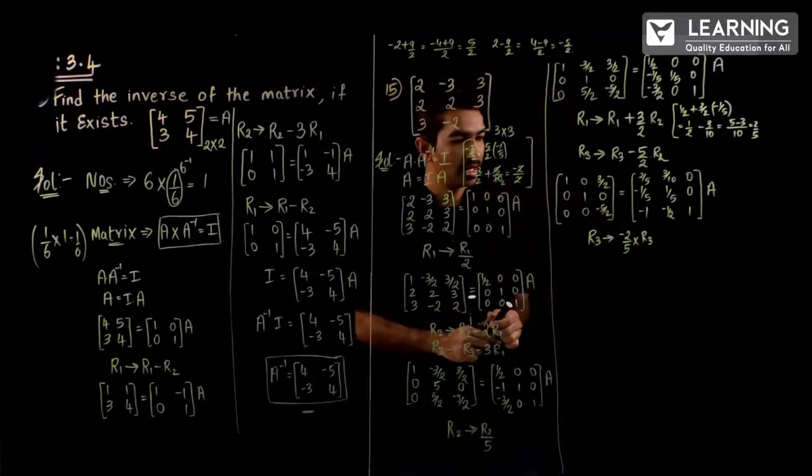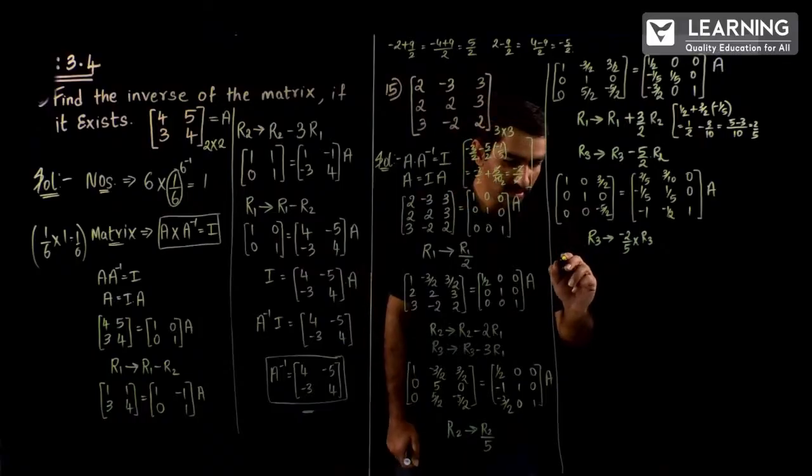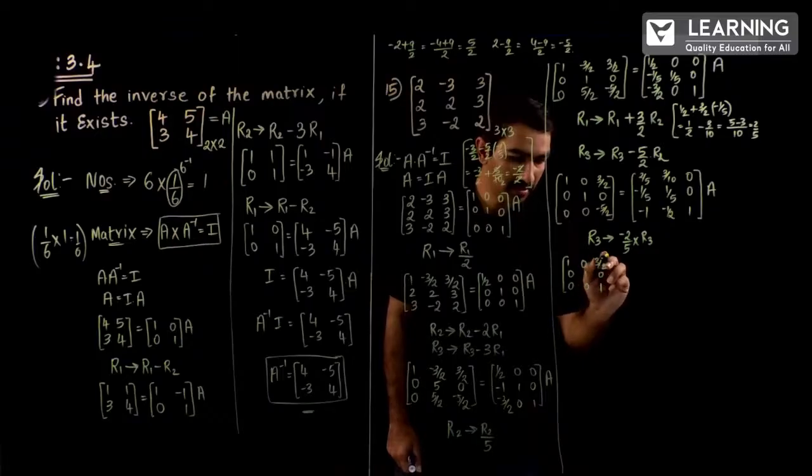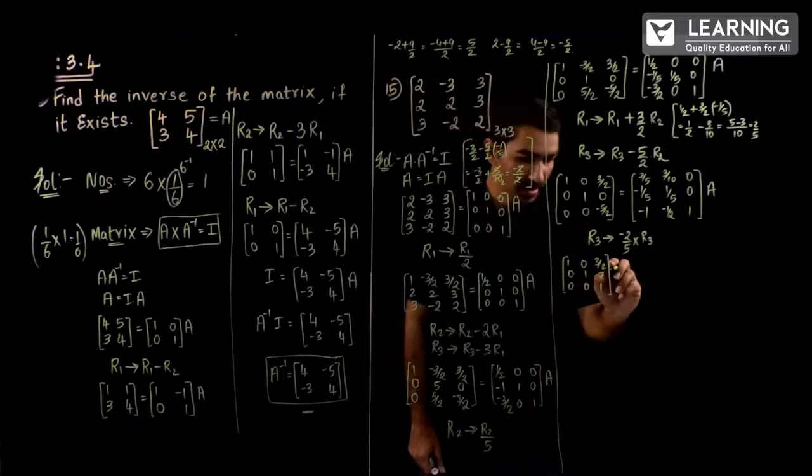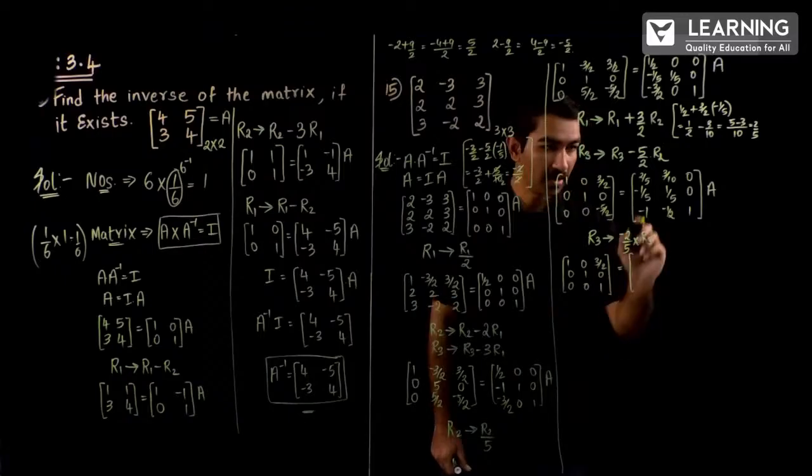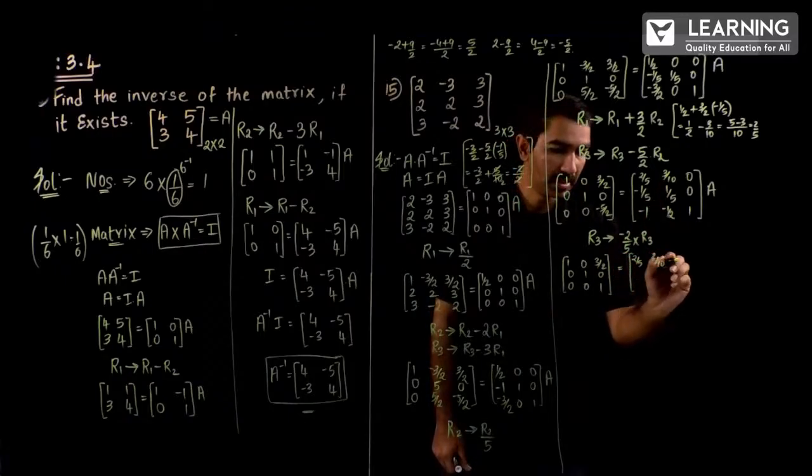So R1 and R2 are unchanged, write them as it is first. 1, 0, 3 by 2, 0, 1, 0, 0, 0, so this will become 1, which is equal to R1 and R2 same, 2 by 5, 3 by 10, 0, minus 1 by 5, 1 by 5, 0.